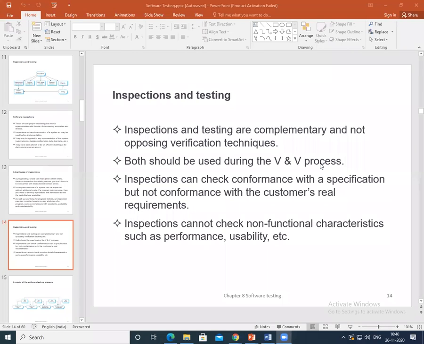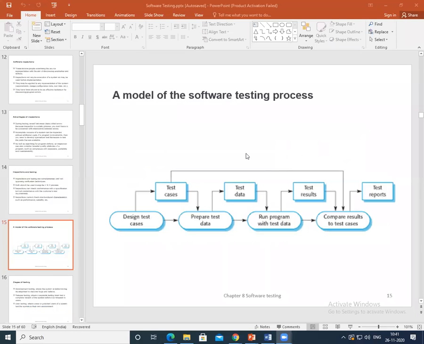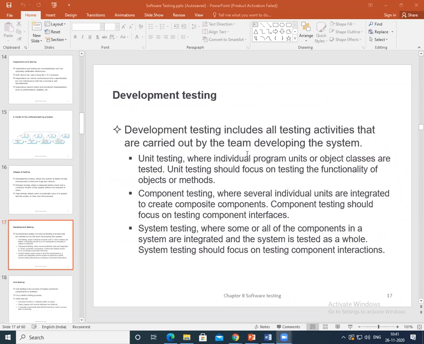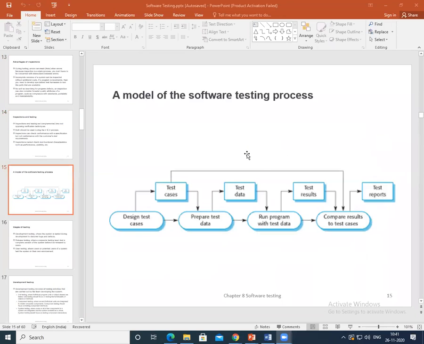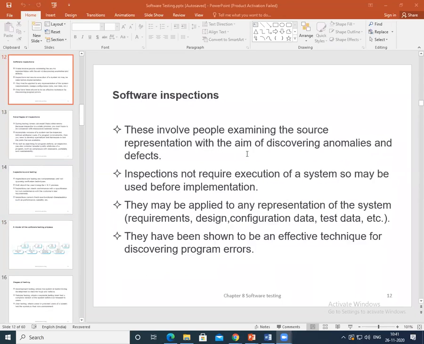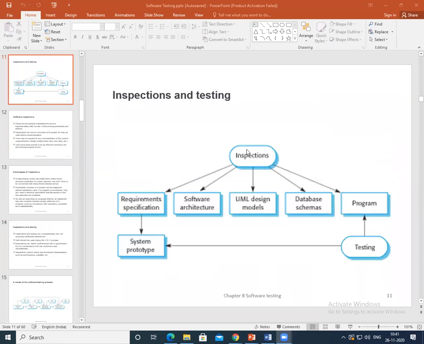V and V is a static technique, as I said. You could see it in the diagram, the diagram of inspection. This diagram has to be explained using the V and V process, all of you.